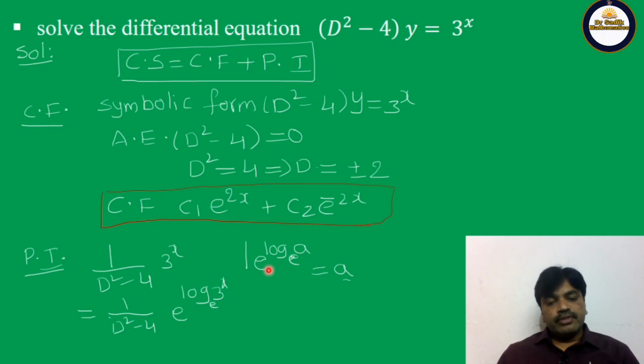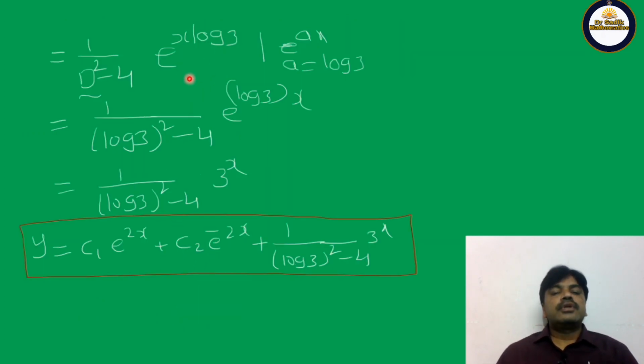We have one formula. What is the formula? e power log a to the base e is equal to a. So this can be written as e power log 3 power x base e, friends. So finally we get 3 power x, and by using the formula we can write it as x log 3. It is like e power ax. By comparing these two, what is the value of a, friends?